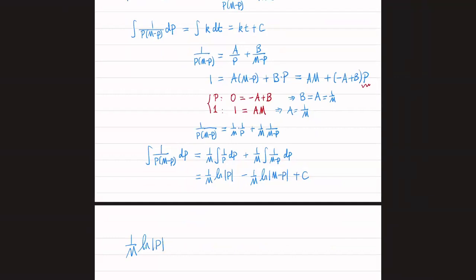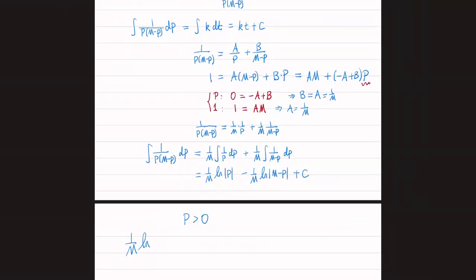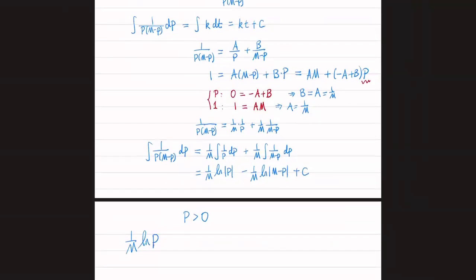P is positive, so we can drop this absolute value. For the second one, let's make an assumption for the moment that P is also less than M. So we can drop the absolute value. So this is an assumption.